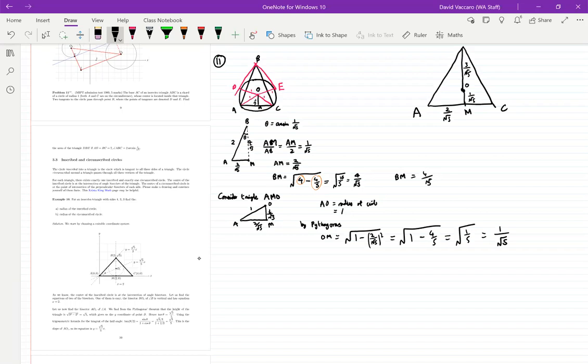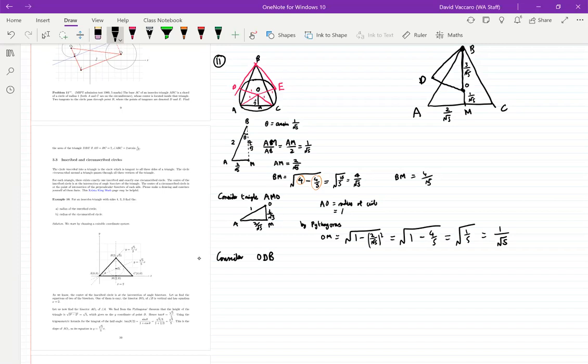But if I now consider the triangle OBD, so if I consider the triangle ODB, I've got some important things.